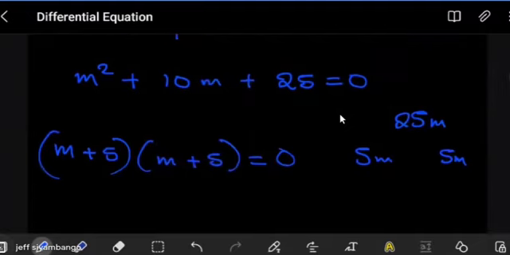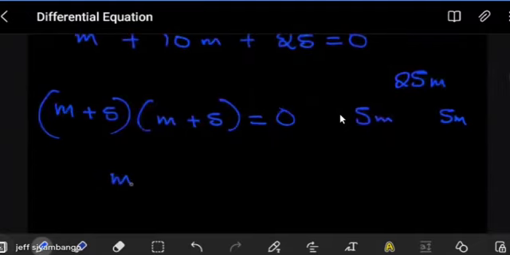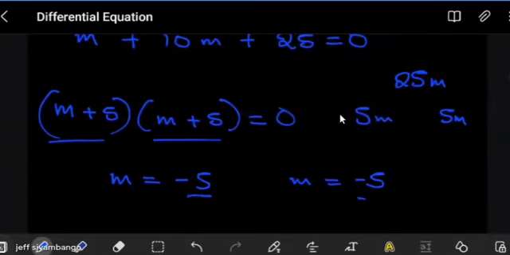From the first one, you have m equals negative 5, and from the second one, you also end up with m equals negative 5. So clearly, the two values of m that you're ending up with are the same: m equals negative 5, m equals negative 5.